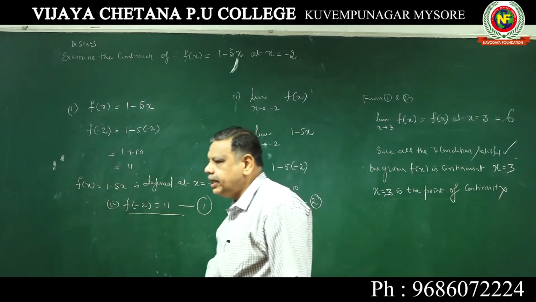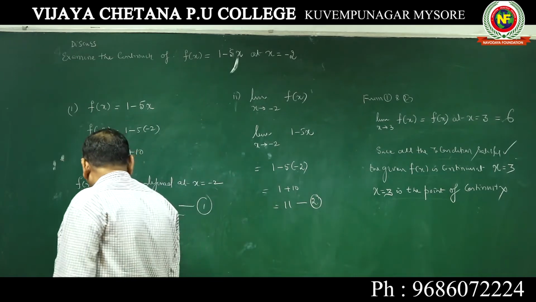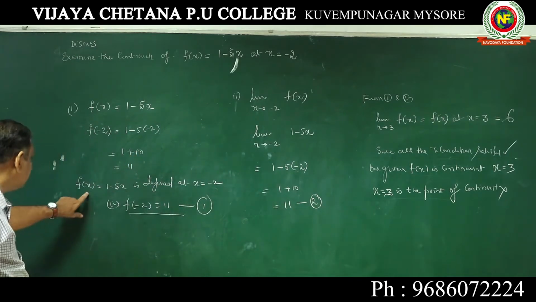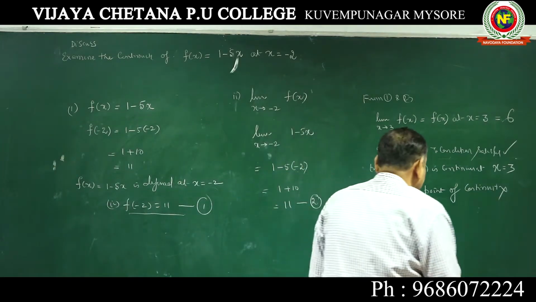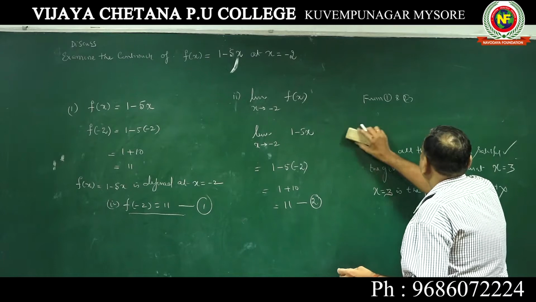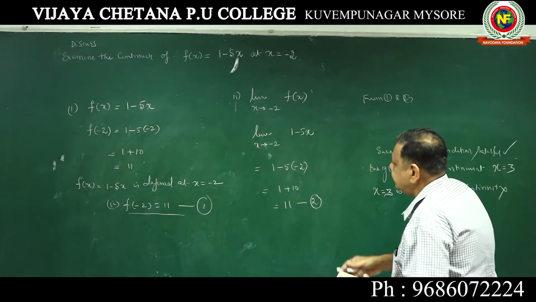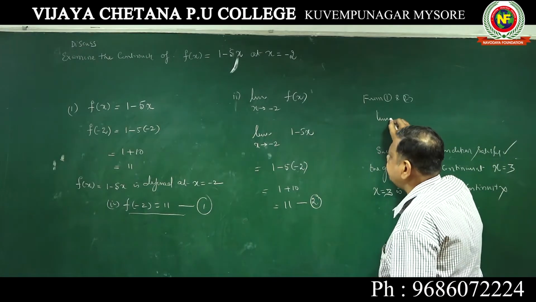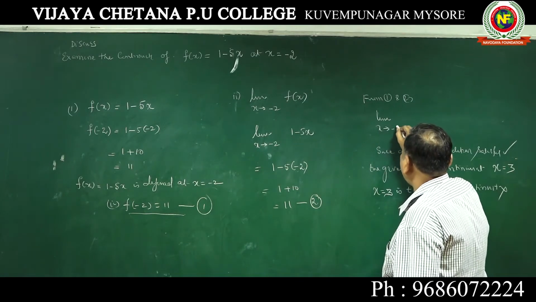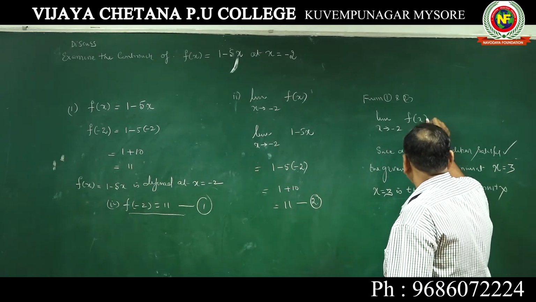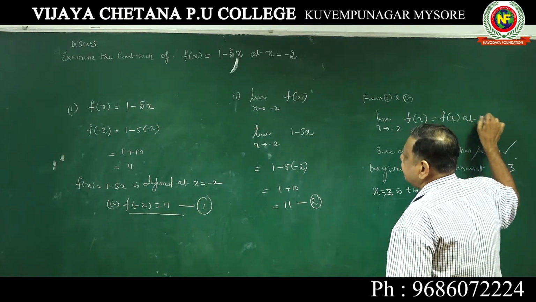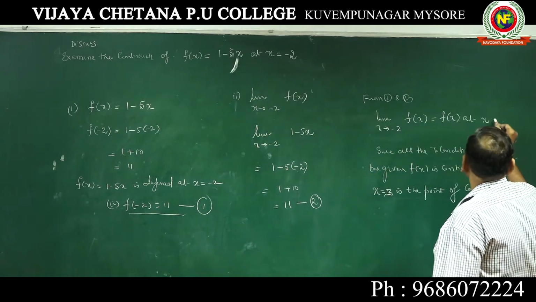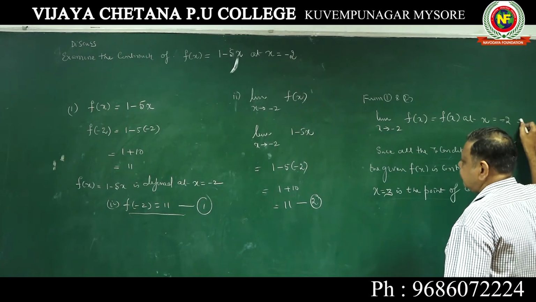The limit also you got 11, and f of minus 2 also you got 11. From 1 and 2 you can always write that the limit as x tends to minus 2 of f of x is equal to f of x at x equal to minus 2, both are equal to 11.